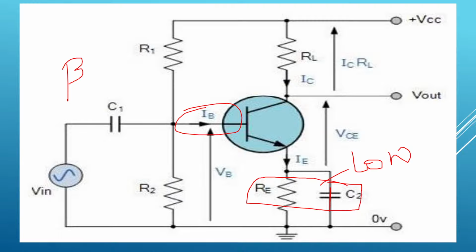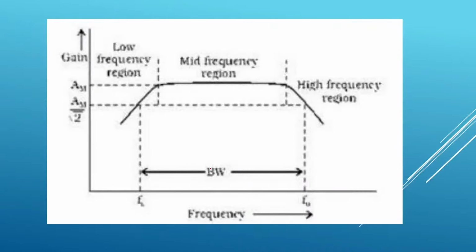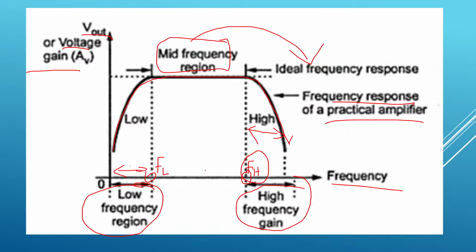At high frequencies, because the reactance is low and beta is also low, the voltage gain is also low. So voltage gain is low for both low frequencies and high frequencies.